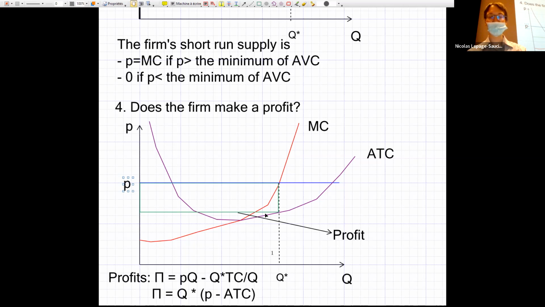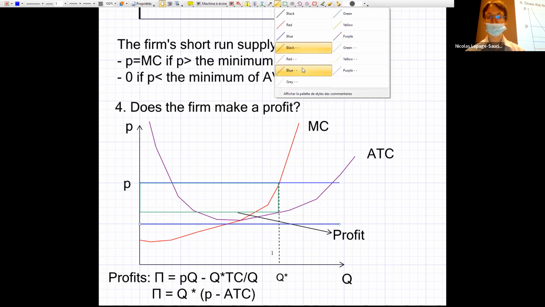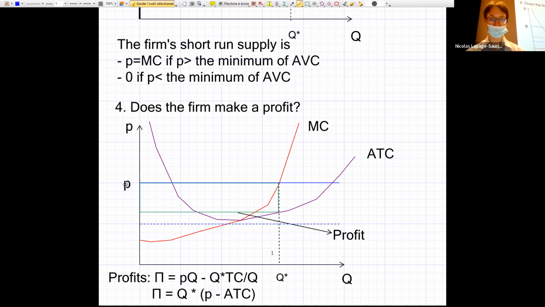So here, things are going well for our firm, but imagine that the price dips very low. So imagine that the price is like here, for instance. So it's P prime. Then what is going to be the situation?